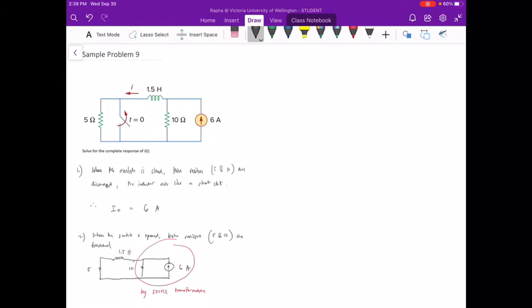So this diagram will become, redrawing it again, we have 1.5 henries. Then the 10 ohm resistor becomes in series. The entire circuit rather becomes a series circuit.